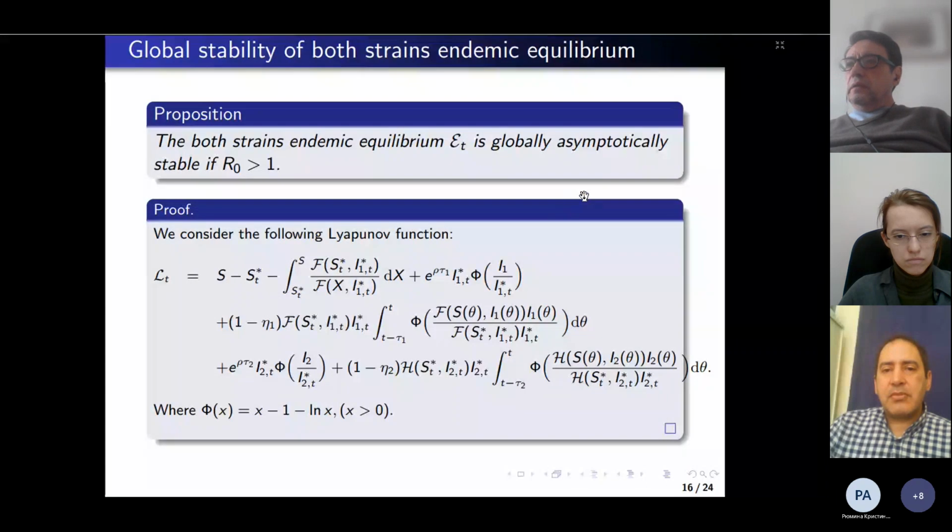Do I understand correctly that in the stochastic case, it is possible to obtain analytically this stochastic basic reproduction number, and its value is larger than 1?